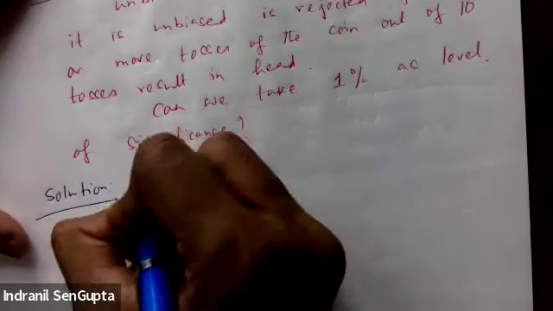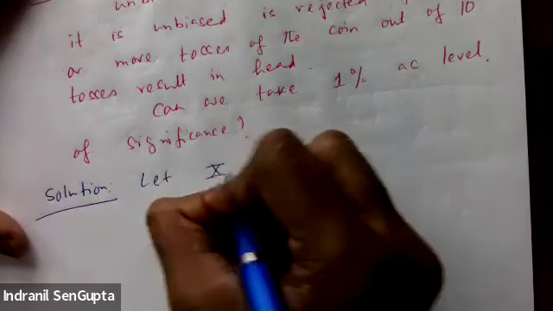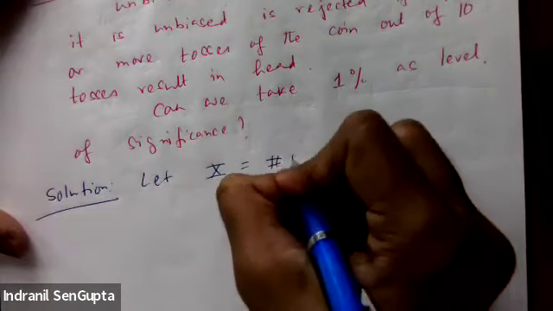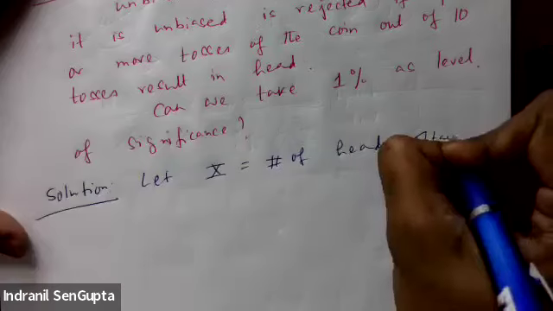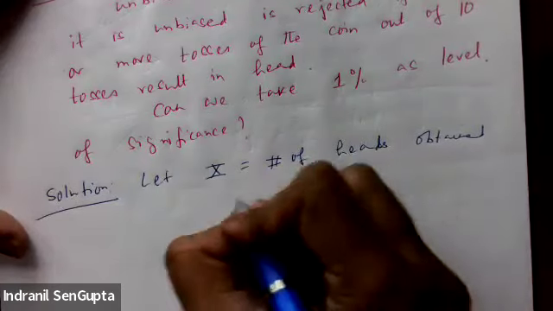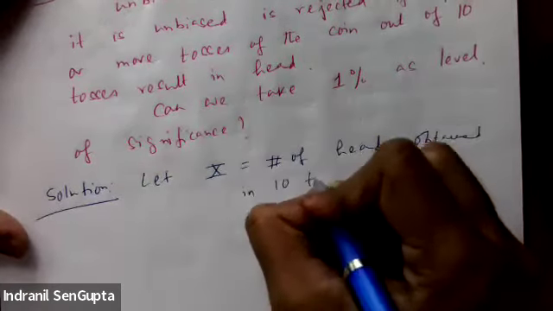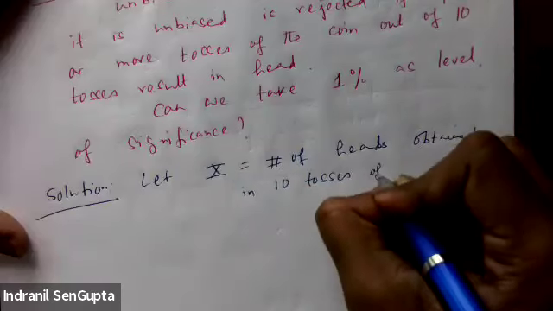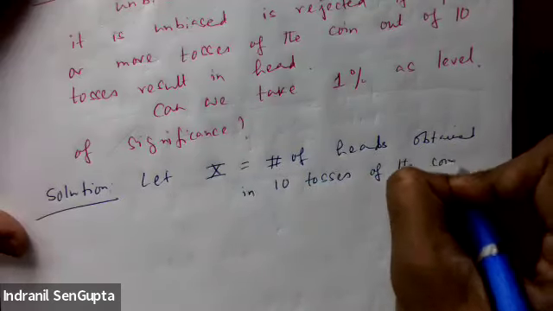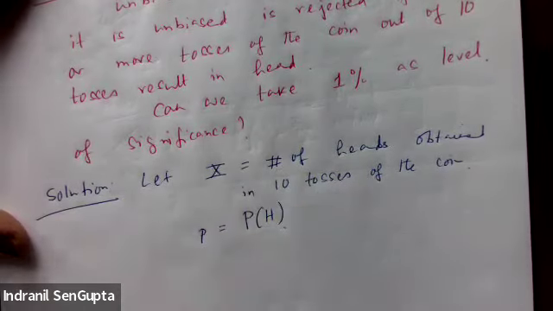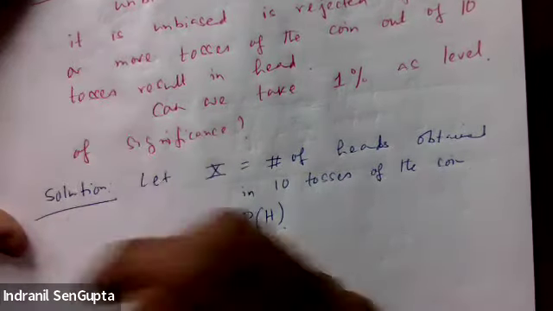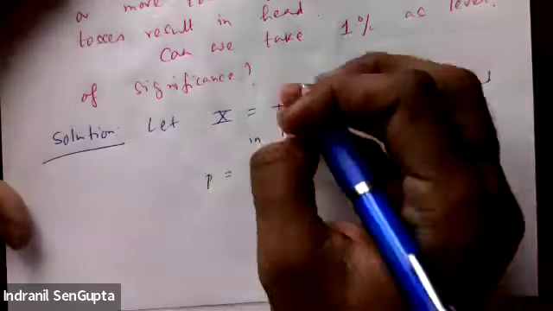Okay, so just like in the last problem, let X denote the number of heads obtained in 10 tosses of the coin, and little p is the probability of a head in a toss.